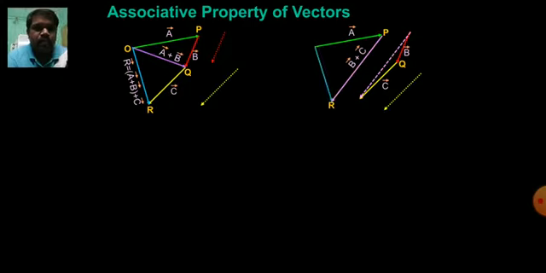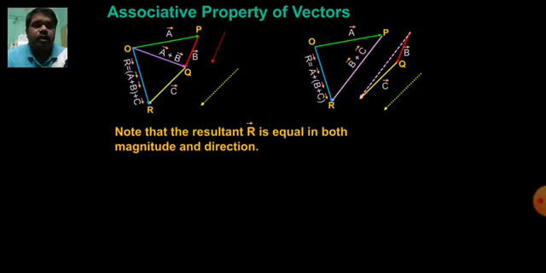The resultant will be OR, that is vector R is equal to vector A plus (vector B plus vector C).